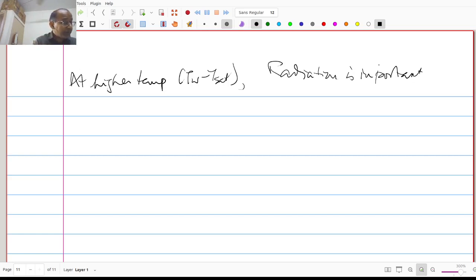What has been said is that when h_rad is less than h_D, you use one expression, and when it is greater than or of the order of h_D, you use another expression.